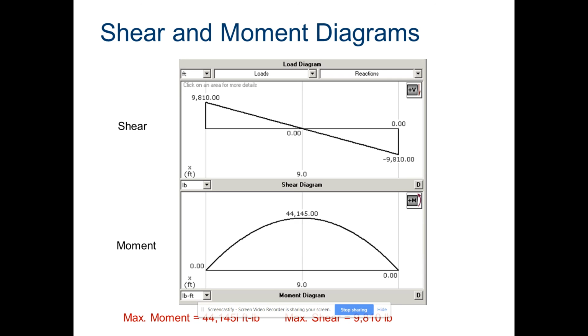Because there's no concentrated load to add that kink. So you're going to have a nice uniform load. You see that the reaction forces are both 9,810 pounds. And then our maximum moment there is 44,145. Our maximum shear is 9,810 pounds.